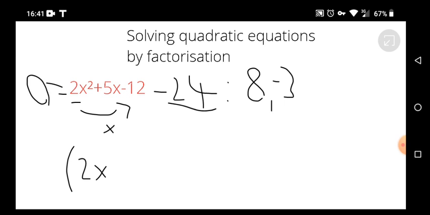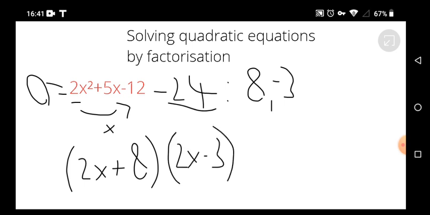So 2x plus 8 and 2x minus 3, equal to 0. Now, this bracket cancels down, because this technically gives us 4x squared, and 2x times 2x if we were to expand this. It's not completely right, but we can cancel down this bracket. We can divide these by 2, so that becomes x plus 4 in that bracket, okay?